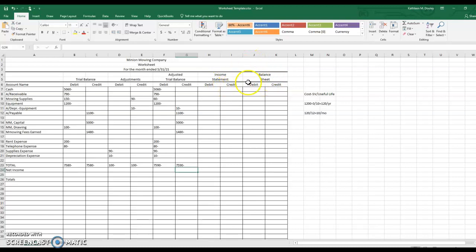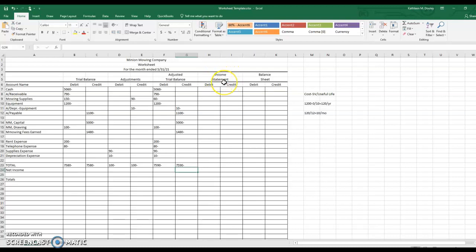So we have the income statement columns, the balance sheet columns. You have to know down to the marrow of your bones what accounts go on the income statement, what accounts go on the balance sheet. The income statement is a financial statement that shows whether management has attained the number one goal of profitability.